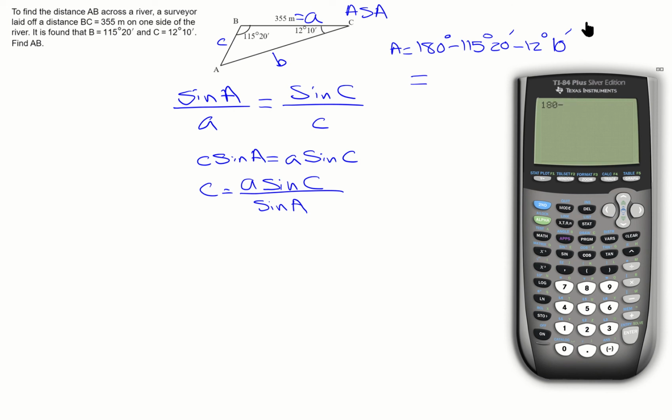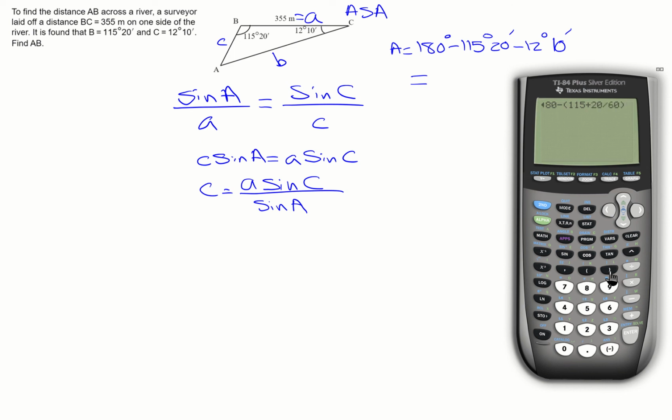Here we can open parentheses and put 115 plus, we're going to convert the 20 minutes to degrees by just dividing it by 60, like so.